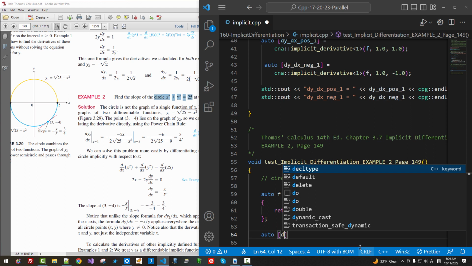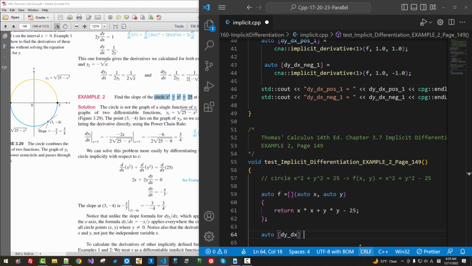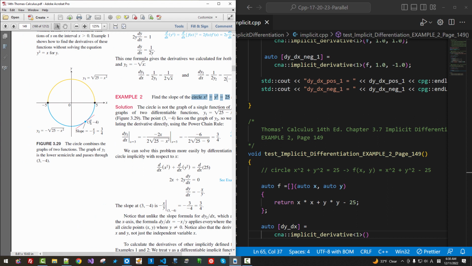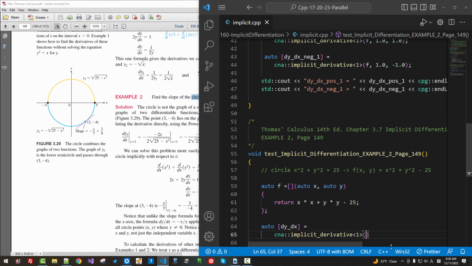Or dy over dx, CNA implicit derivative. We need to instruct the position of y. 0 is for x, 1 is for y. So we pass 1. I will give a line break. We want to evaluate at point 3, negative 4. So we pass f, 3.0, negative 4.0.